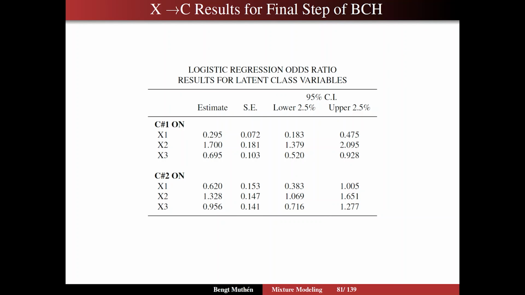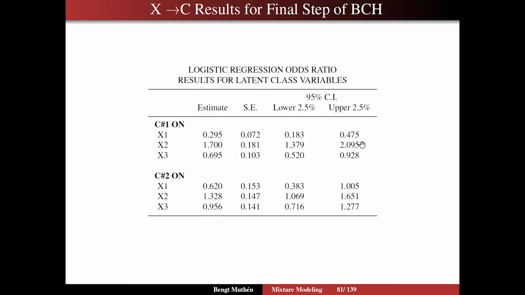Going to slide 81 then. We have a regular C on X regression, C#1 on the X's and C#2 on the X's. C#3 slopes are fixed for identification purposes as usual. So here we find that X1 has a significant influence on the first class relative to the last.